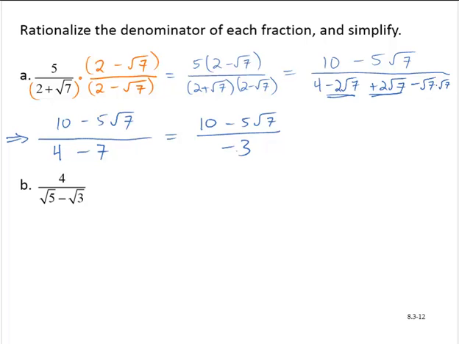Now, while it's not incorrect to leave the expression like this, we generally don't like this negative in the denominator. And so what we might do is put it in the front of the fraction.